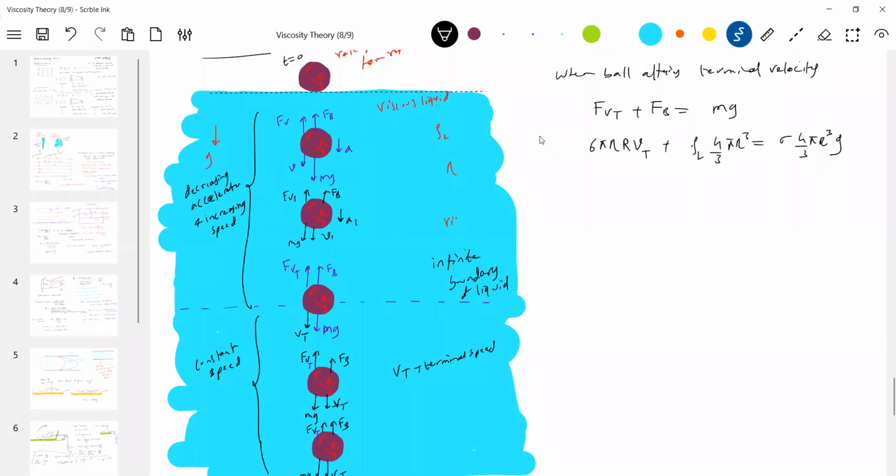I'm interested in this Vt, the expression for this Vt. So 6 pi eta r Vt is equal to sigma minus rho L, and here one g is there.